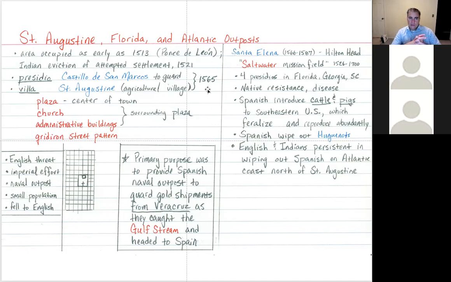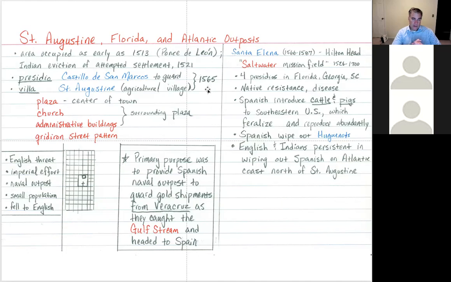So the point of this is that the Spanish were there. The Spanish had a long presence, and even after 200 years of occupation, the Spanish really had not anything to speak of in terms of population.